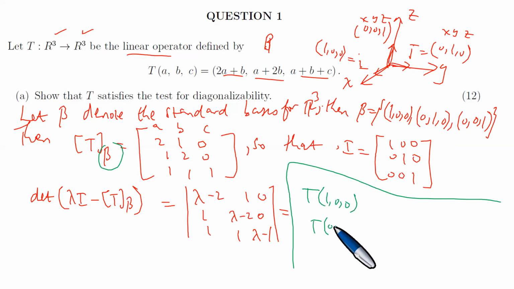Because the vectors have A, B, C components, if you put A is 1, and B and C are 0, then 2 times 1 is going to be 2, and so on. One way to see that is to realize that the first vector is going to be the 2, 1 vector.